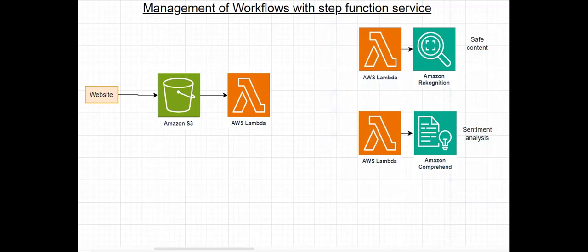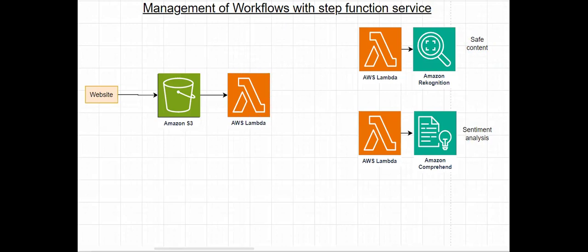That is based on the response I got, based on the safe content response and sentiment analysis, I'll further implement my workflow. If the safe content is true and my sentiment analysis is positive, then only I'll need to publish that message to my website.